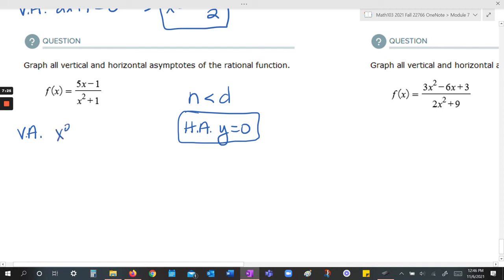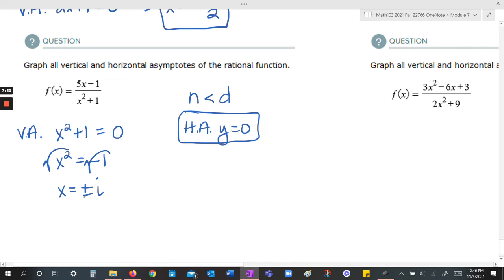And when we set x squared plus 1, our denominator, equal to 0, we are going to get non-real answers. So if we go ahead and follow this through, we would get x equals plus or minus i. You can't plot the vertical asymptote x equals i, that vertical line, there's nowhere to put it on the graph, at least not the graphs that we're doing.